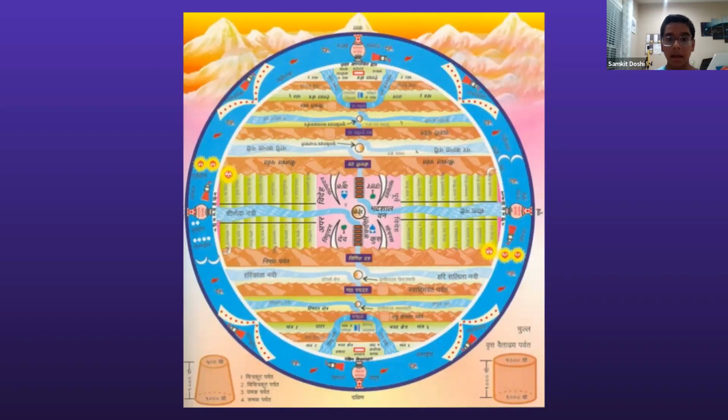So in Jambudvip, there is Bharat Kshetra, which is down south. That's where we reside. There's Mahavidya Kshetra, which is in the middle, the green parts, and up north at the top is Airavat Kshetra. And the difference is that in Bharat and Airavat Kshetra, we can only attain liberation in the third and fourth ara, and Tirthankars only exist in the third and fourth ara, whereas in Mahavidya Kshetra, Tirthankars exist at all points, and you can attain liberation at all points.